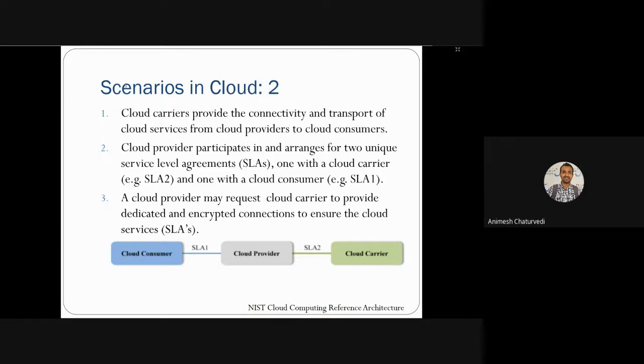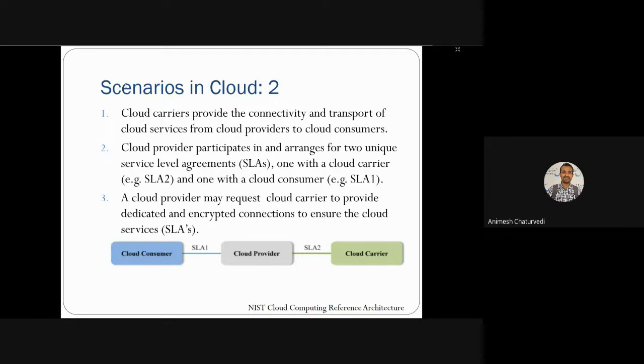Scenario two could be like this: the cloud consumer has service level agreement one with the cloud provider, and the cloud provider has service level agreement two with the cloud carrier. So the cloud consumer has an SLA with the provider, and the provider also has an SLA with the cloud carrier.